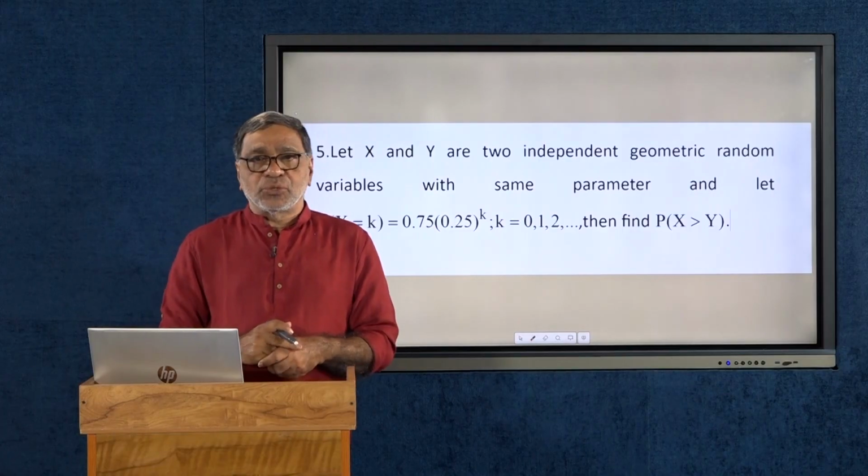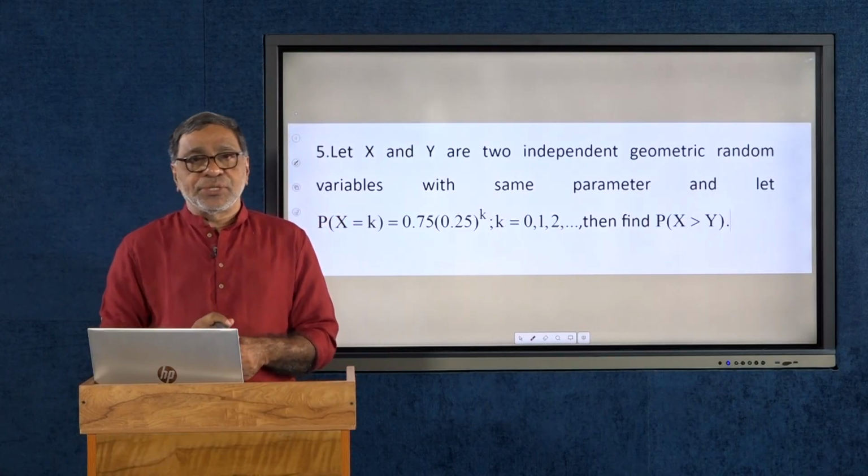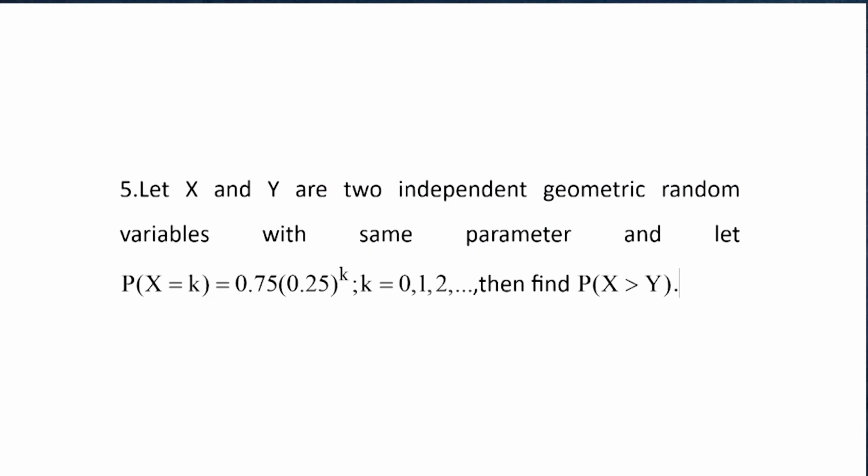Next question, which is also a very interesting one. You are given that X and Y are two independent geometric random variables with the same parameter. Instead of the general values q and p, where p is the probability of success, you are given 0.25 as our q and 0.75 as our p.